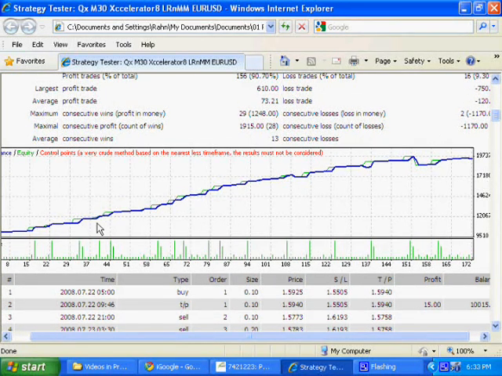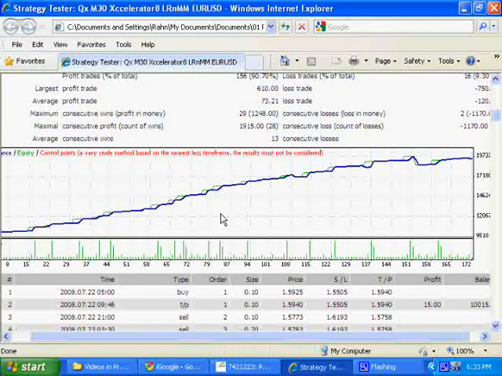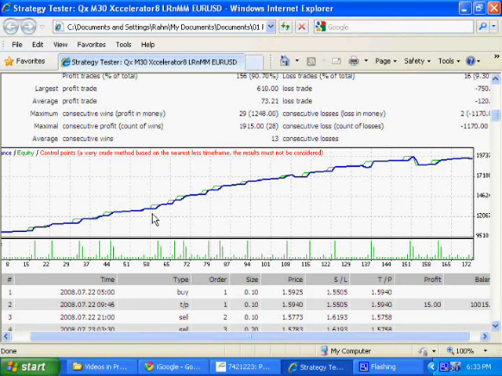These charts, in case you weren't aware of it, depict the activity of the expert on a balance versus equity basis, with the green lines being equity, the blue lines being balance. You can see we have a fairly smooth climb up here, but every time we get an equity balance differential, the expert is in a reverse hedge batch profit taking mode, and this equity is increasing up to the exit point.